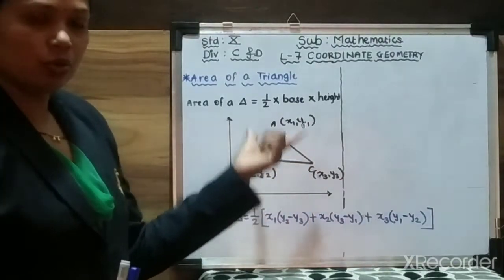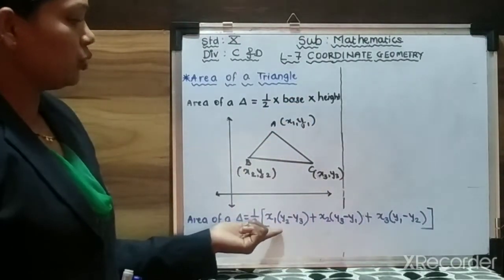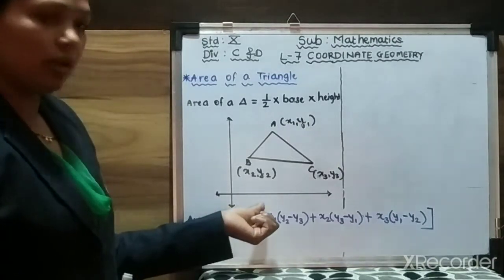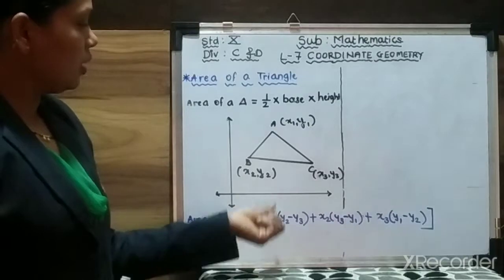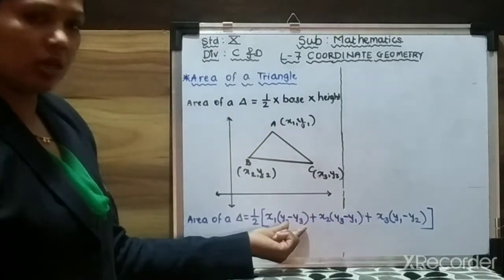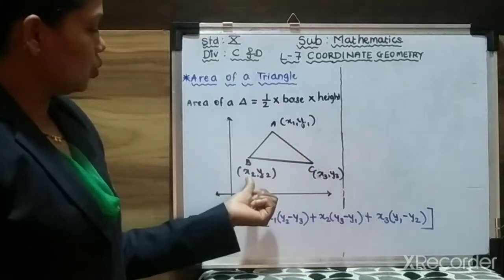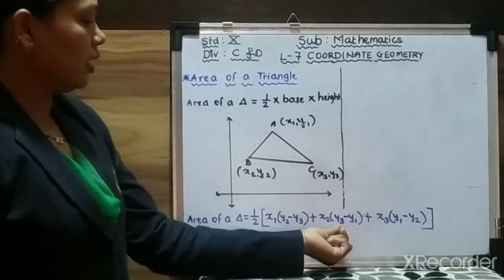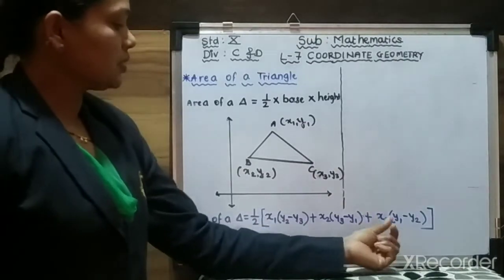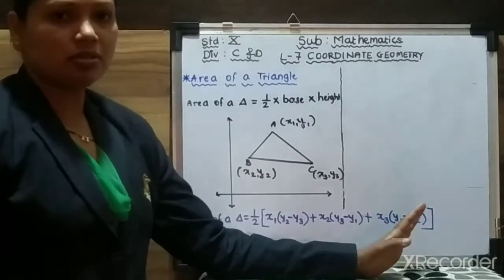So we are directly going to use this formula: area of a triangle equals half into x1 multiplied with y2 minus y3, plus x2 multiplied with y3 minus y1, then plus x3 into y1 minus y2.